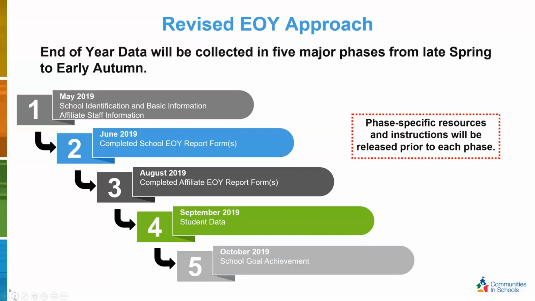Okay, great. Another that's come in is, could you go a little more in depth on phase 2 in terms of the completed school EOI report form? Yes. So the school EOI report form and the affiliate EOI report forms basically refer to those things that you are actively creating in CISDM for your affiliate, or for site coordinators, they would do it at the school level.